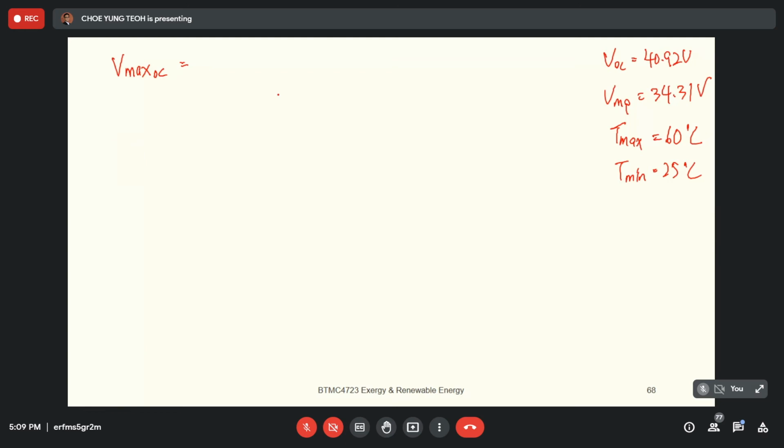You have to think about it at maximum voltage. Supposedly it should be at the minimum temperature. Okay, so I think no need to check. Normally it will definitely be measured at the standard test condition. So the maximum OC should be exactly the same as the VOC because the temperature is 25 degrees Celsius. Okay, and then we have Vmax.